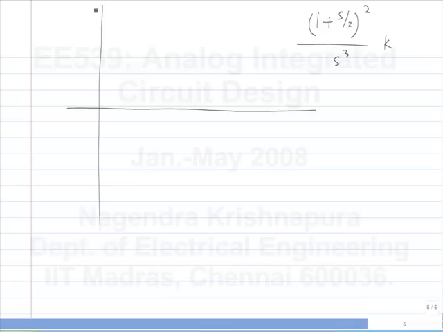Let's say the Bode plot looks something like this. What is the slope initially? Minus 60 dB per decade. And what's the slope after Z1? Minus 20 dB per decade.